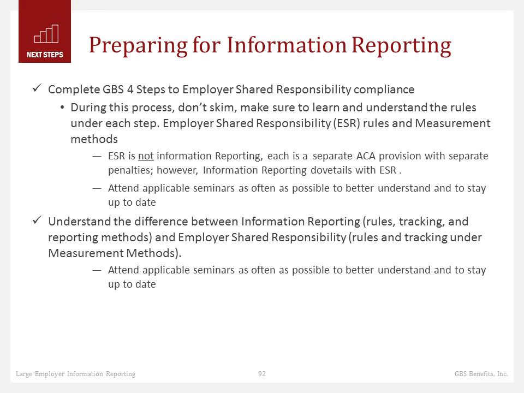Make sure to learn and understand the rules under each step, and make sure you stay up with it and understand that employer shared responsibility is not information reporting. Each has a separate ACA provision with separate penalties, but they do dovetail, obviously, because under information reporting, you are reporting on what you do under employer shared responsibility. So that's the first step. Very important. Get on that right now or finish it up right now if you are stuck somewhere in the middle of the steps.